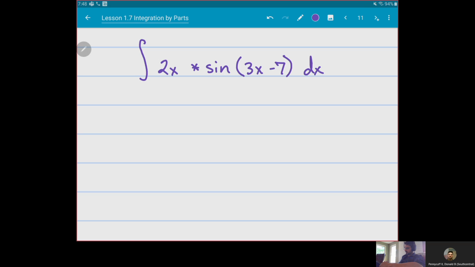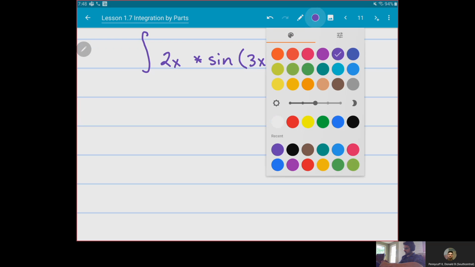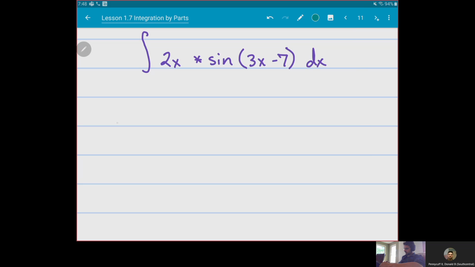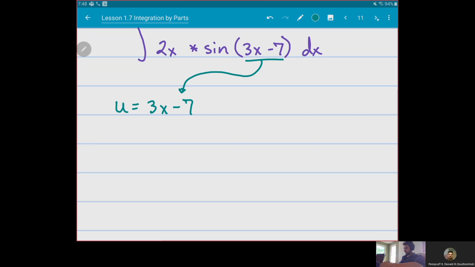Okay. Now, just like what we talked about with lesson 1.6d, which was substitution method using trig functions, if you have a single trig function, then you're going to get rid of the inside of the trig function. Take the derivative of that, and then that's going to give us 1/3 du dx. Okay?